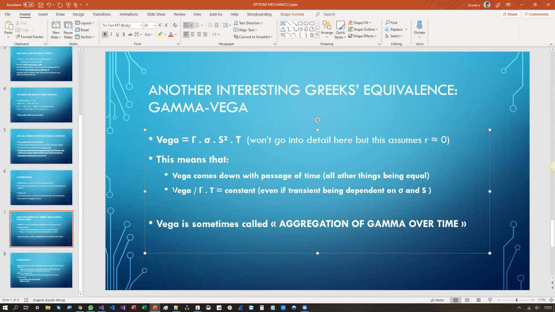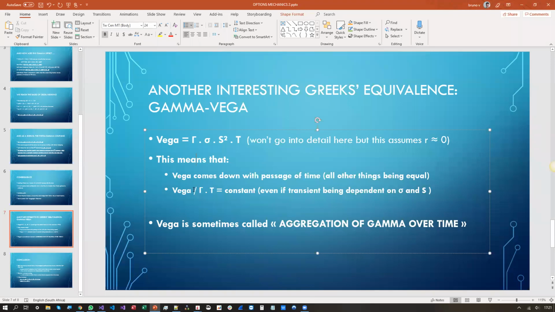So what's important in this formula is that Vega over gamma times time, this is not theta, but time, is roughly a constant or transient constant, because of course it depends on sigma and S squared. In books, if you venture into reading John Hull's books, or I can provide a few references, it's sometimes called the aggregation of gamma over time.